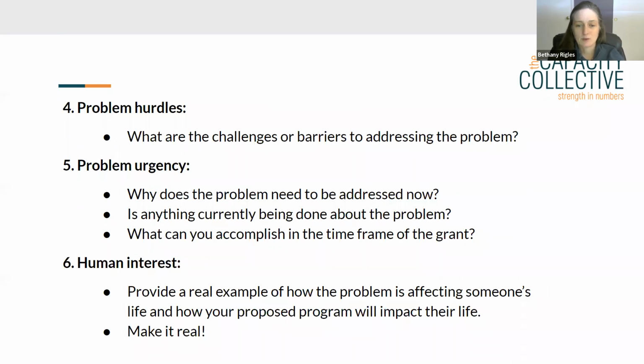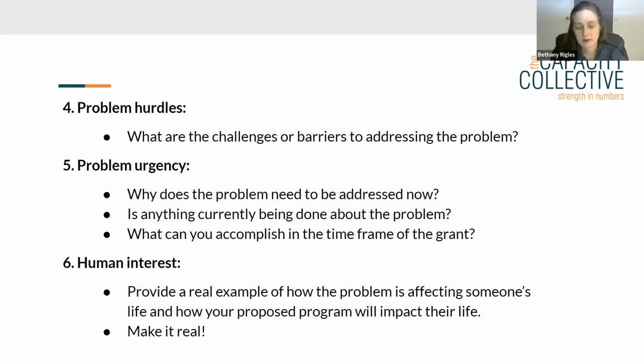Additional aspects that you'll want to weave in here, that you might not necessarily have data to reinforce, but are just important dimensions to complete the picture, are addressing challenges or barriers that you might face in addressing the problem. You also want to discuss why the problem needs to be addressed now, and if there's anything currently being done about the problem, and if so, why that is falling short of what needs to happen.